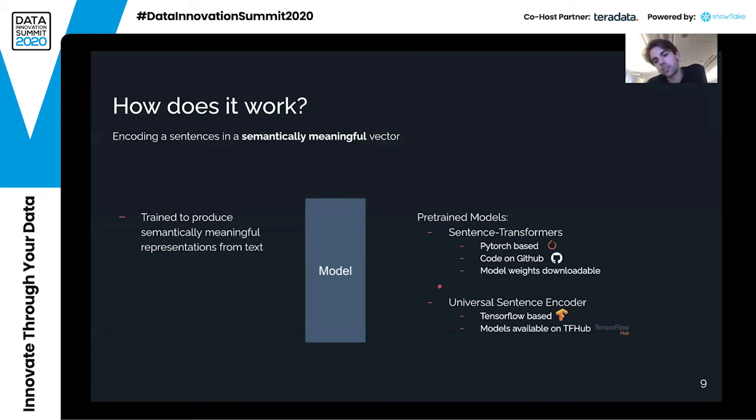Then there's also, by Google, Universal Sentence Encoder. That one is TensorFlow based. There's no code available as far as I'm aware, but you can download the model from TF Hub and also use the model like that.